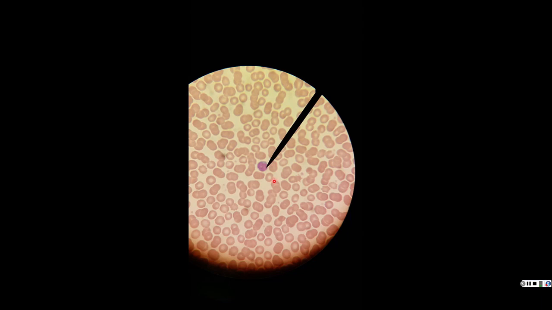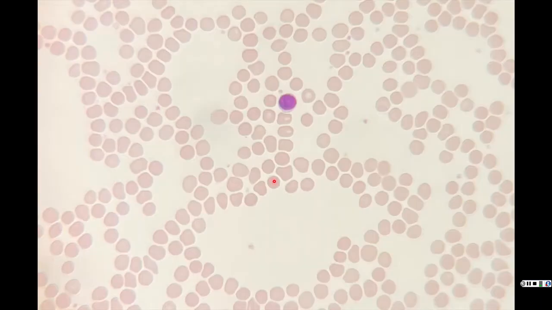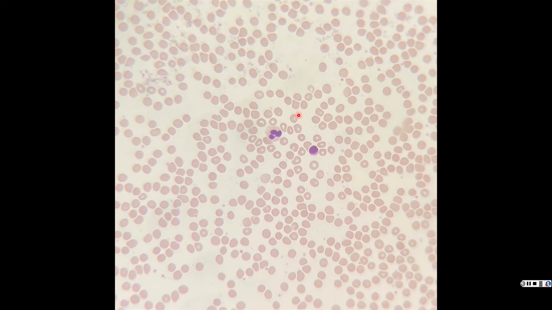But let's look at a few more lymphocytes. Here's another one. Again, the nucleus takes up almost the entire cell, but there's this very faint pale blue halo of cytoplasm there. Here's our neutrophil again, hanging out next to a lymphocyte. Very large nucleus, very small pale blue halo of cytoplasm.